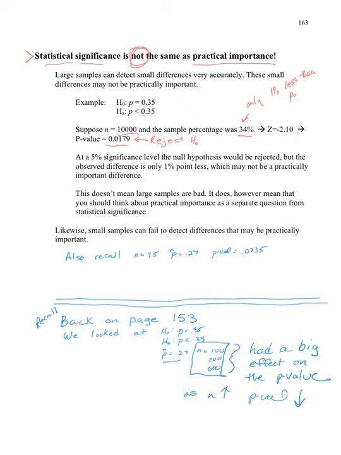So the other side of the coin from large samples detecting small differences very accurately is that small samples can fail to detect differences that may be practically important.